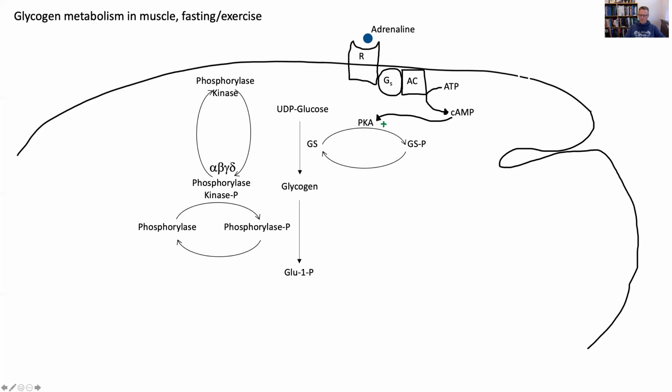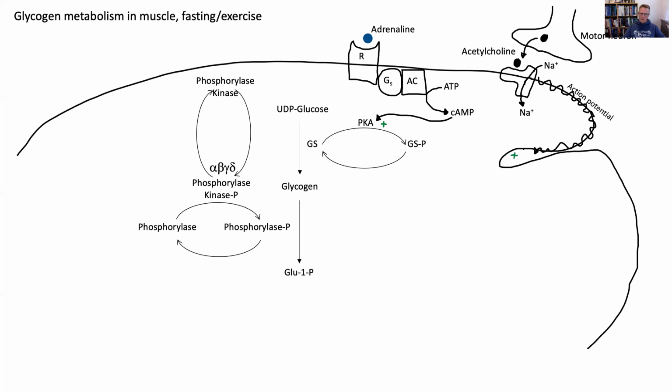Once the level of cyclic AMP increases, it will, as we saw in adipocytes, also activate protein kinase A. And we know that protein kinase A can phosphorylate glycogen synthase, leading to a less active form of glycogen synthase.